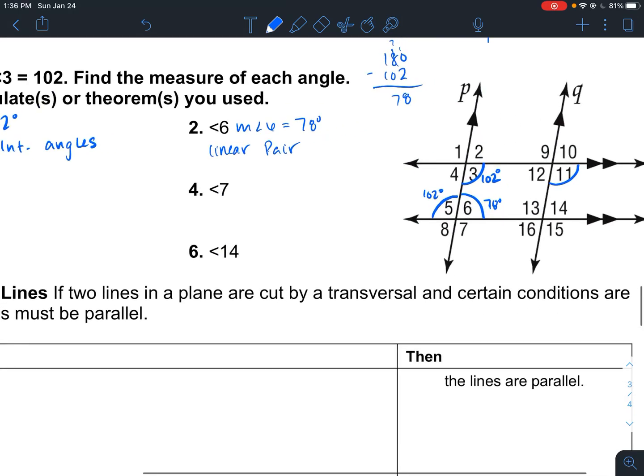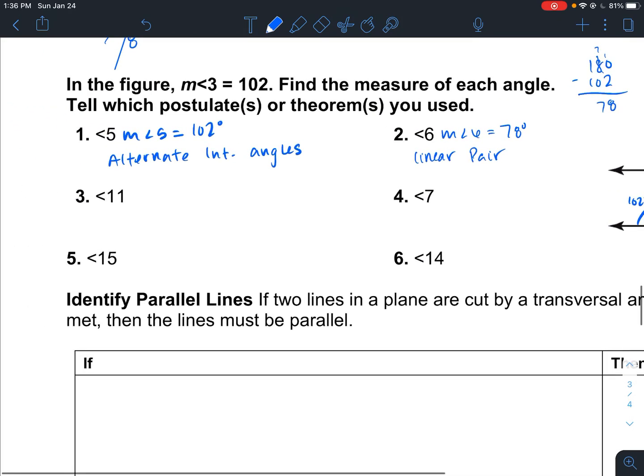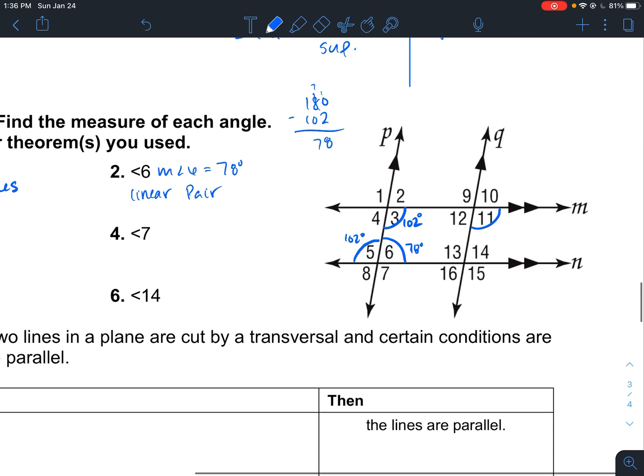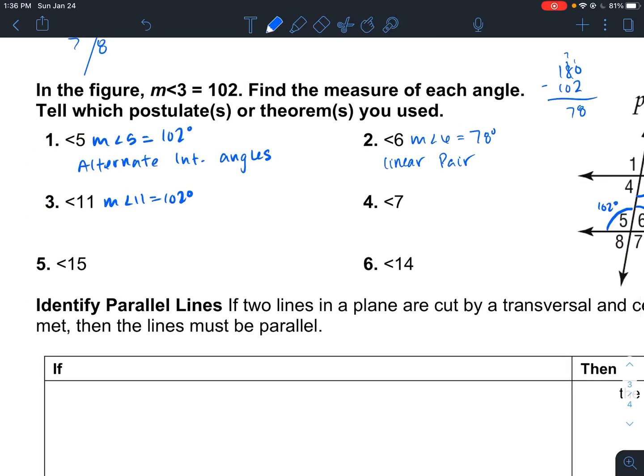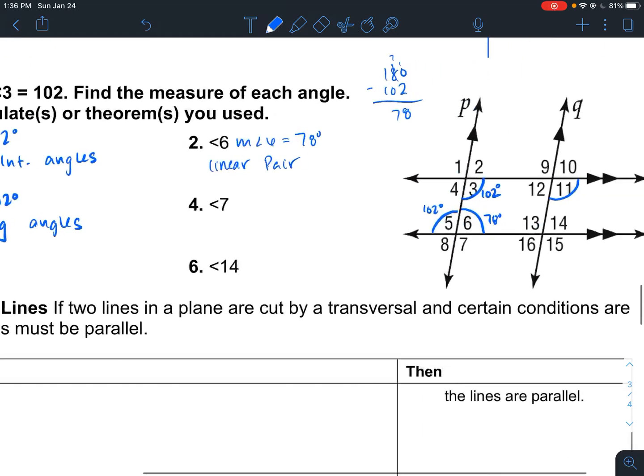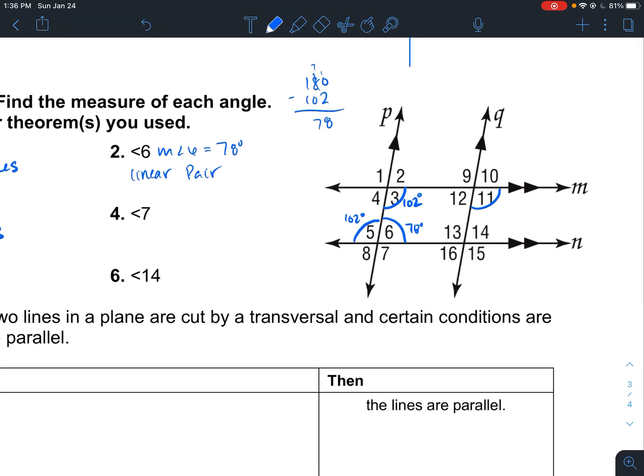Now measure of angle 11 is equal to 102 because 3 and 11 are corresponding angles. So through corresponding angles, we know that they are congruent. And you might have different theorems that you're using, which is fine.